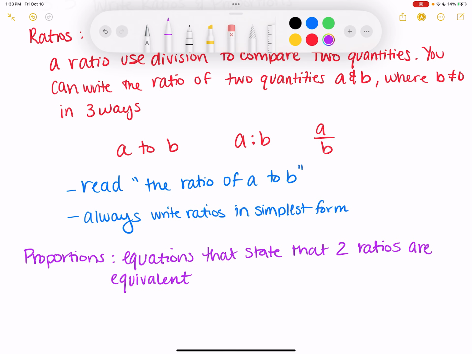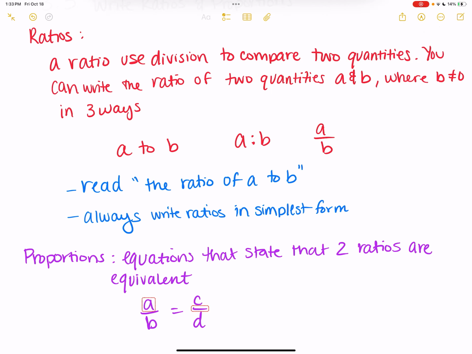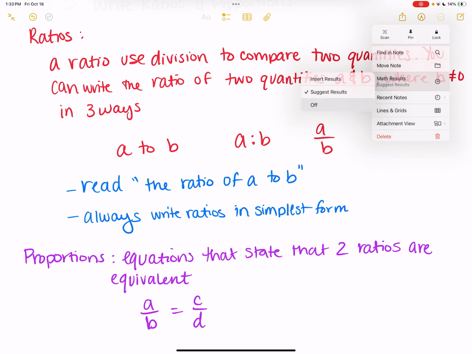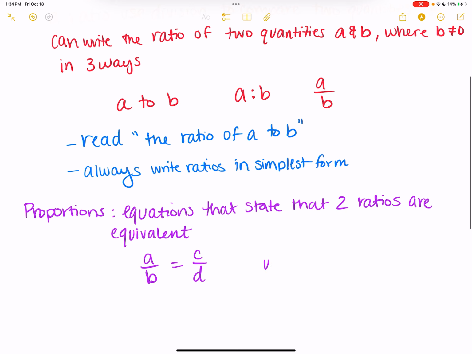So it'll look something like A over B is equal to C over D. So this would be the ratio of A to B is equal to the ratio of C to D, basically, where B and D are not equal to 0 because we can't have a 0 in the denominator.